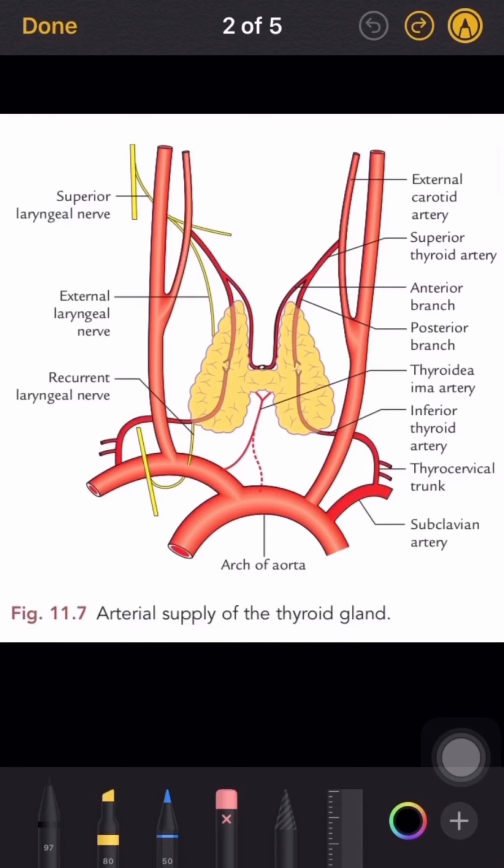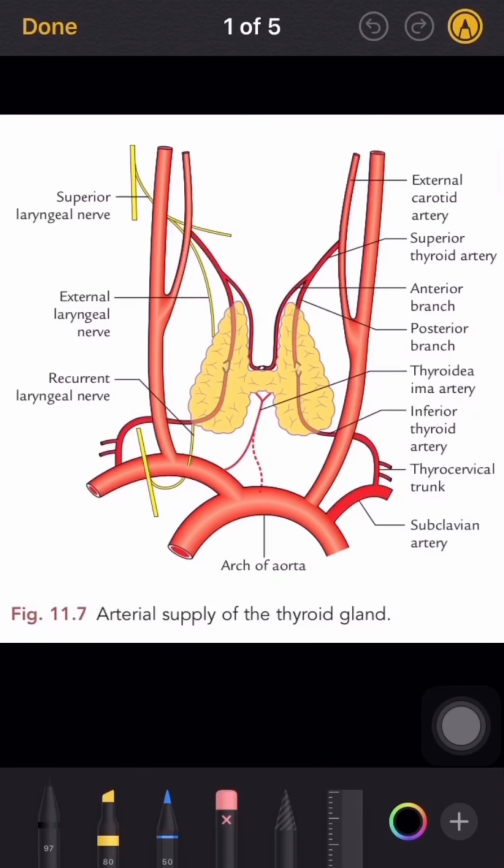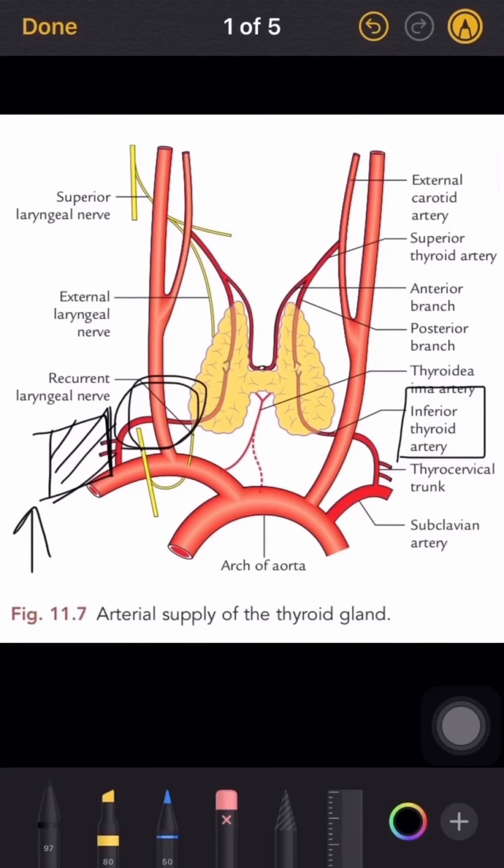So this inferior thyroid artery comes from the thyrocervical trunk, and now this thyrocervical trunk is nothing but a branch from the first part of the subclavian artery. So let's begin with the pathway of the inferior thyroid artery. So it moves upwards along the medial border of a muscle called the scalenus anterior, and then it goes behind the carotid sheath.